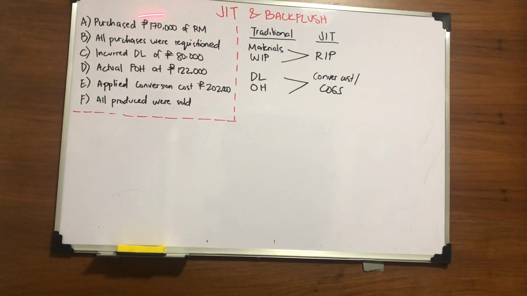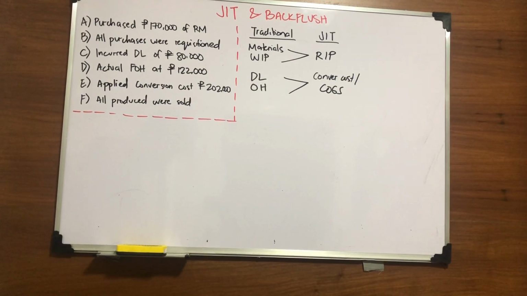Please take into consideration this problem. Under JIT costing, no entries are made for transactions B, C, and E. Entry B is not necessary because the placement of materials into production is implied in transaction A, when the materials are first received.